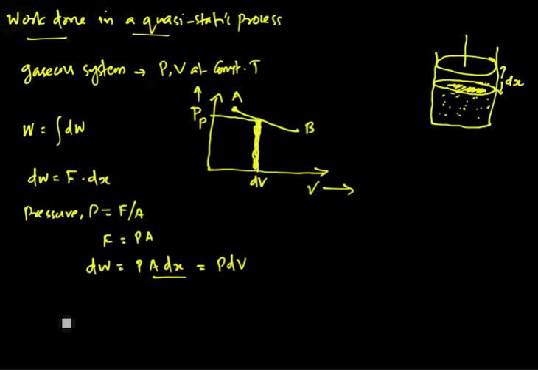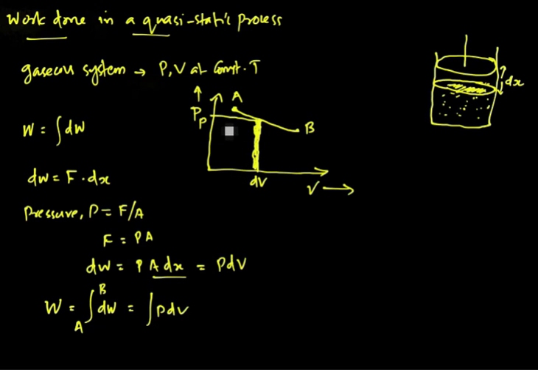So the total amount of work done, W, to change the state of the system from A to B is given by integral A to B dW, which is equal to integral P dV.